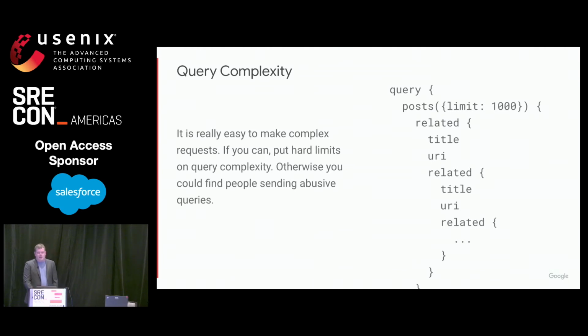Query complexity. Some of you may have guessed, based off of the earlier schema, that if clients are writing arbitrary queries and types can reference themselves, then you could easily do a query like what I have up here on the right, where I'm requesting 1,000 posts, and on each post I'm requesting the related posts, and for each related post I'm requesting the related posts, and for each related post I'm requesting the related posts, et cetera, et cetera.